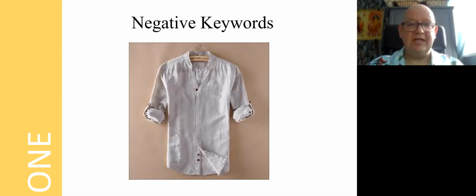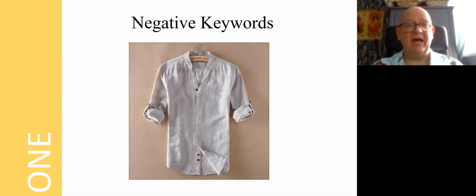Slightly more detailed is a thing we like to call an embedded negative. So this is where you negative out an exact match of a broad match keyword that you're bidding on. So for instance, this is a linen shirt. Now linen shirts, if you've got a small budget, will eat your budget entirely.